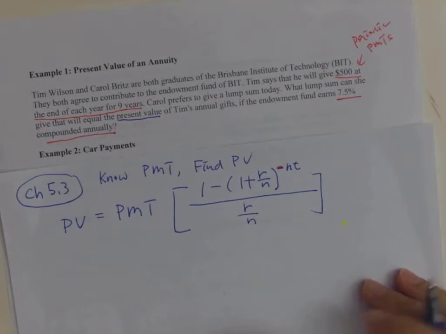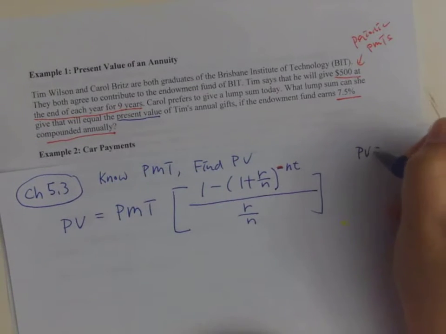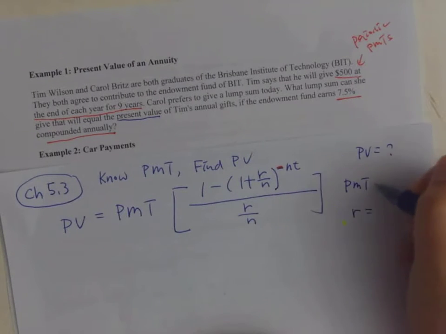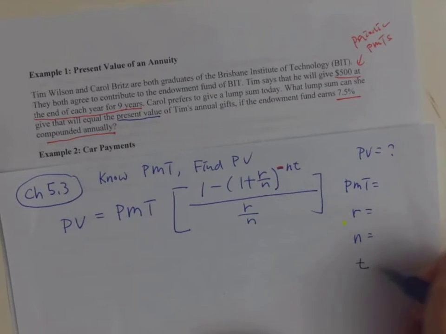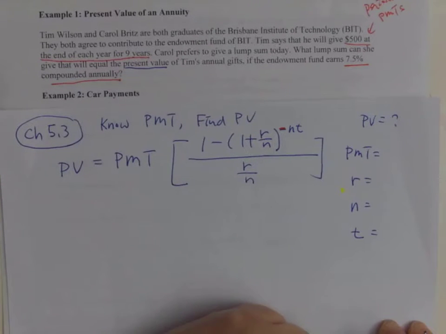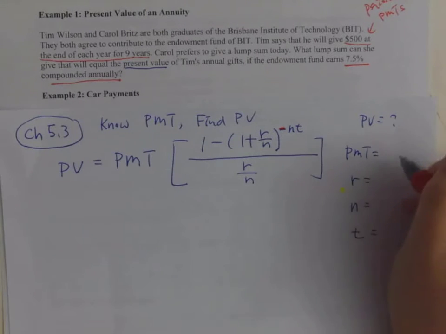Okay, so we don't know the present value, but we should know the payment, the interest rate, how many times compounded per year, and how many years. If you want to, you can pause the video, write down that information first, and plug it into the formula, and then we can check. Hopefully you get it right.